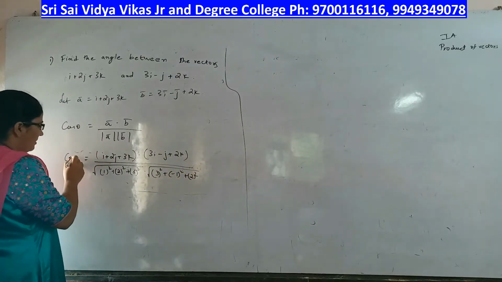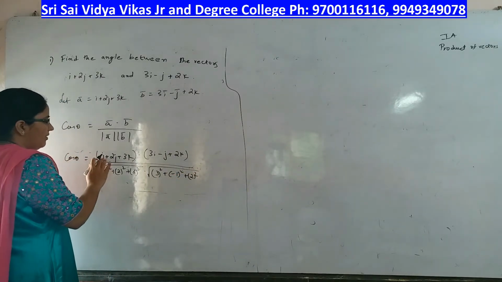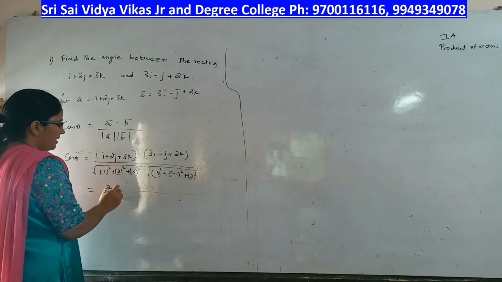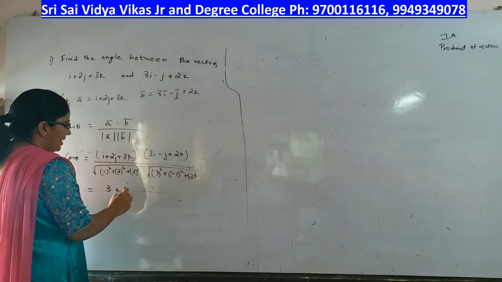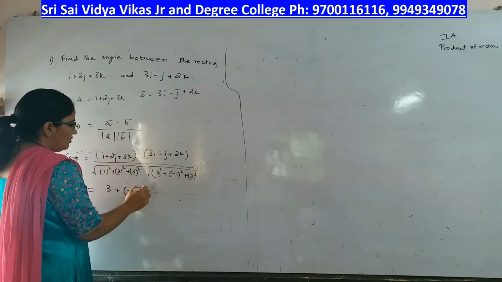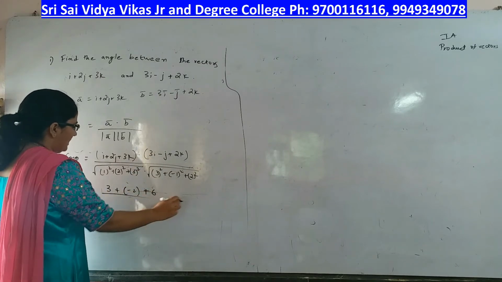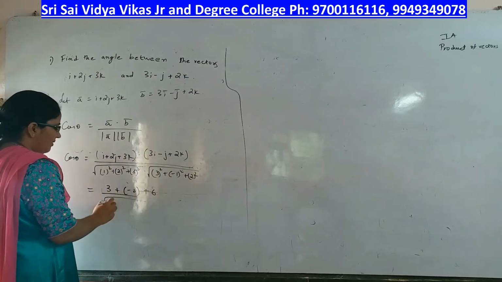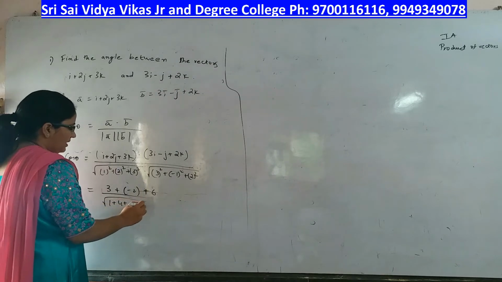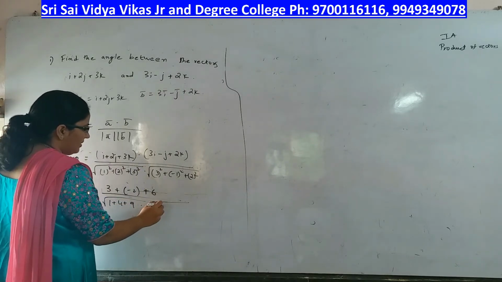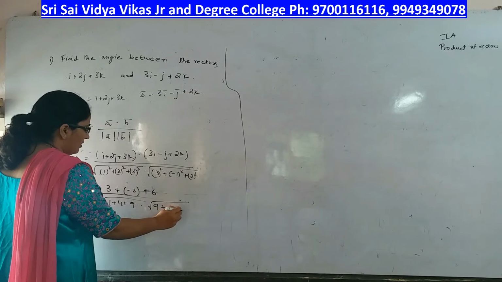So this is nothing but cos theta is equal to 1 into 3, 3, 2 into minus 1, minus 2, 3 into 2, 6, by root of 1 plus 4 plus 9 into root of 9 plus 1 plus 4.